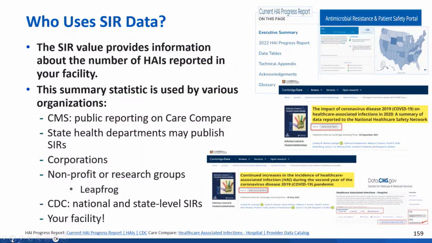The SIR is essential for tracking progress over time. At the CDC, we use the SIR to monitor advancements in reducing HAIs at both national and state levels. The SIR is featured in various publications and websites, such as those displayed on the right side of this slide. Next slide, please.